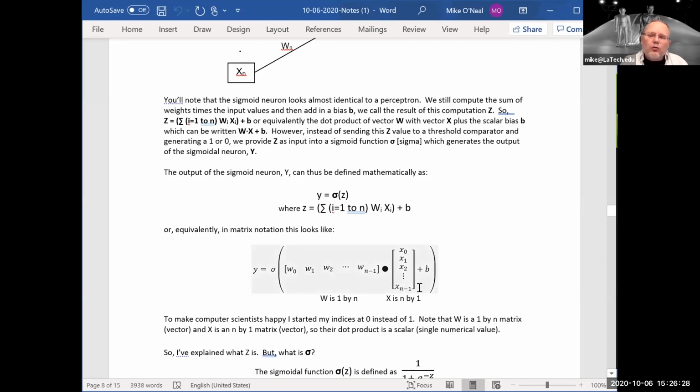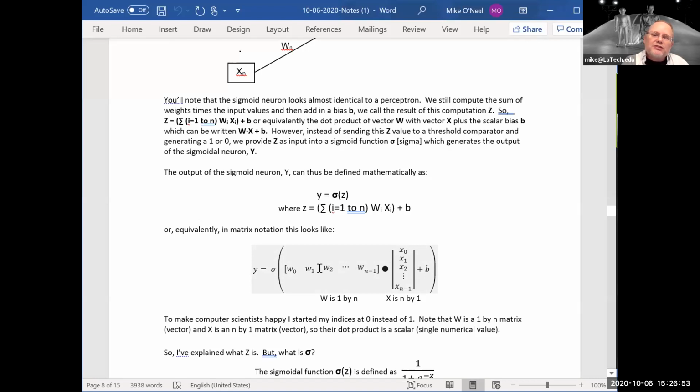A more mathematical way of looking at what we're doing here, it's exactly the same thing. This is looking at it in a format that computer scientists tend to look at these things in. This is looking at it in the form that a mathematician tends to look at it in. Y is the sigmoid function applied to everything in these parentheses.